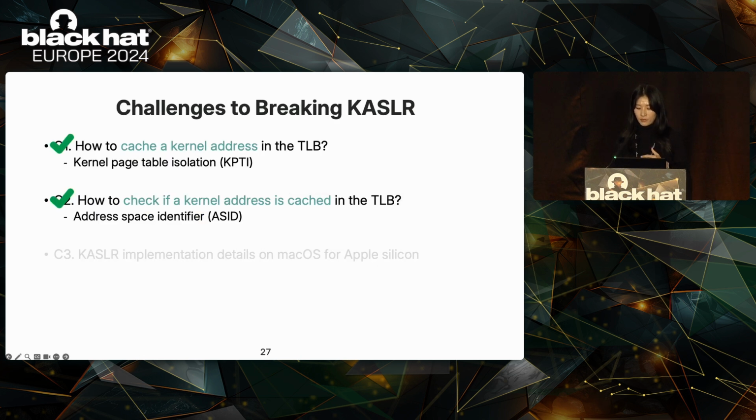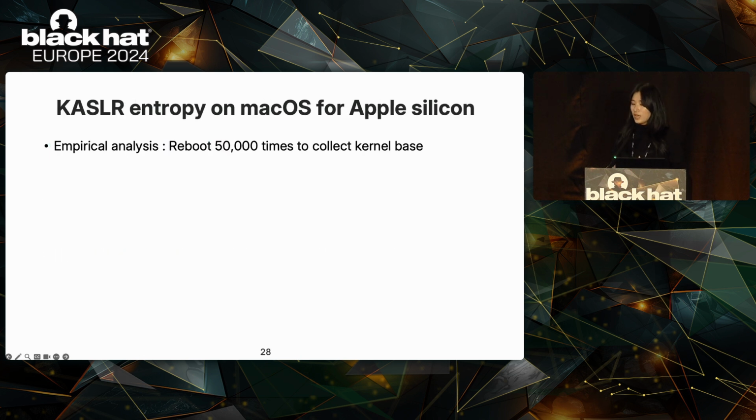Now that we've addressed the first two challenges, let's talk about the final one. Unlike Linux and Windows, there's no publicly available information about the KASLR implementation of macOS for Apple Silicon. To uncover this, we conducted an experimental analysis. We collected the kernel base address through 50,000 reboots across 5 different devices used for reverse engineering.